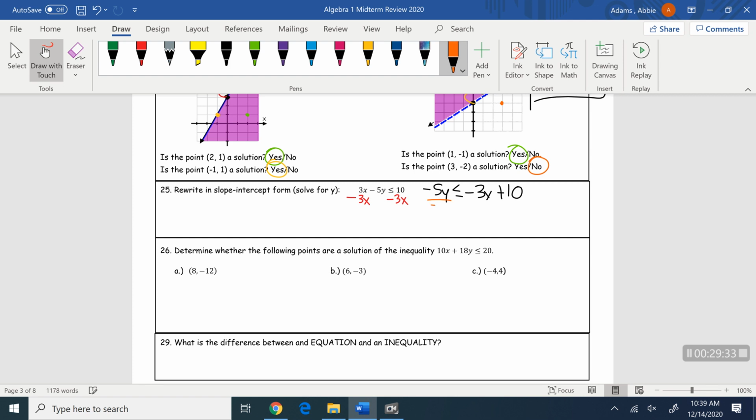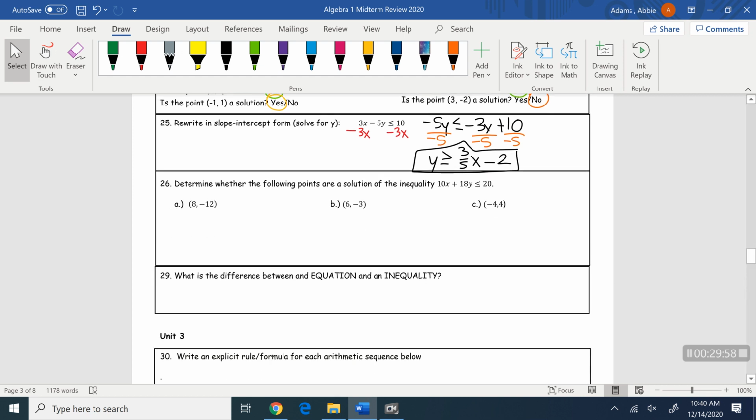And I now have to divide everything by negative 5. When you divide an inequality by a negative number, it is going to flip. So y is going to be greater than or equal to 3/5 x minus 2. Let's move on to problem 26.